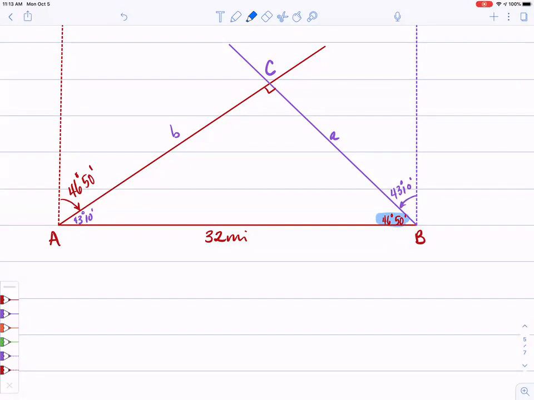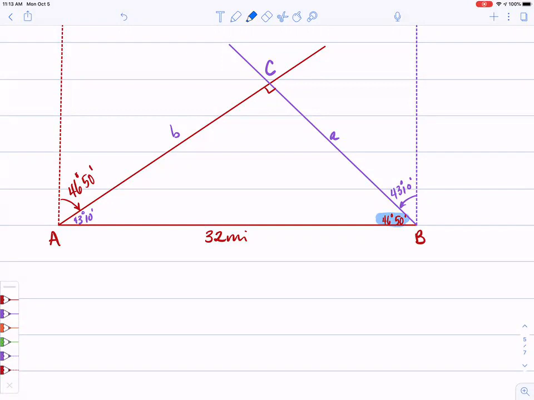Be careful. SOHCAHTOA says tangent is what now? Opposite over adjacent. And gotta be careful because the picture is turned a different way.